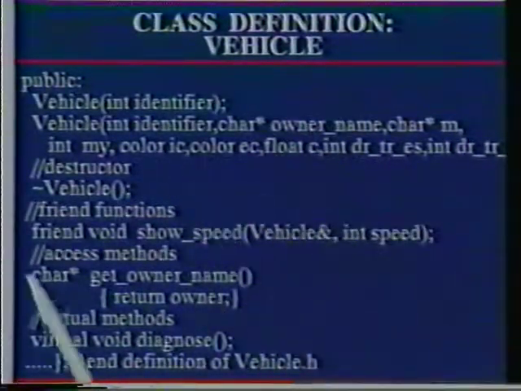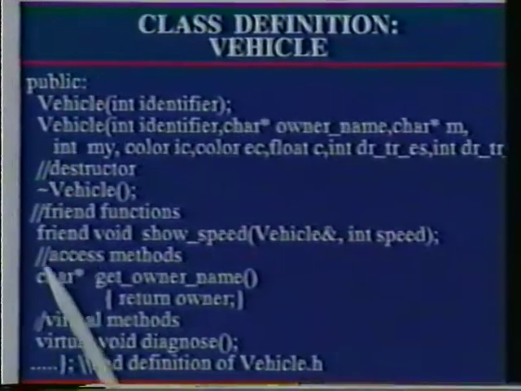There is another thing I have shown here called friend functions. Now remember, we said that in C++ the private attributes cannot be accessed by anyone else except through the interface. For example, here I have get owner as an interface into the private variables, and you can only get at them through this public interface. That's the only way you can access the private variables. But there's one other way in C++ you can do things. For example, I can declare friend functions.